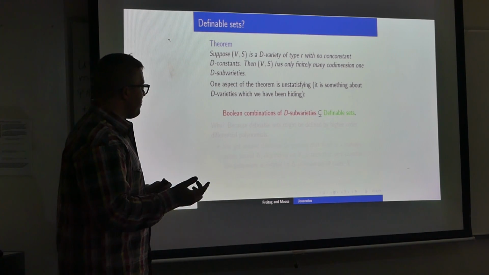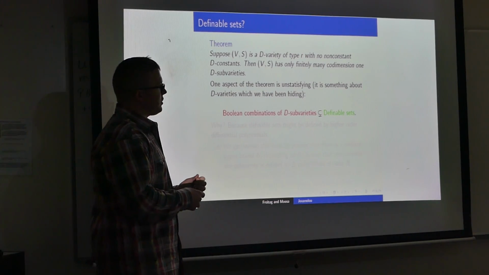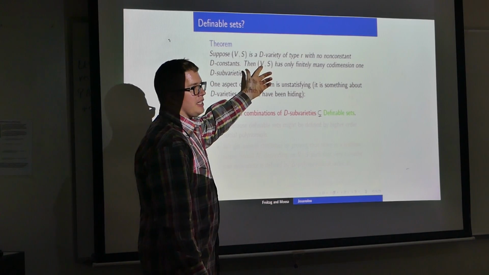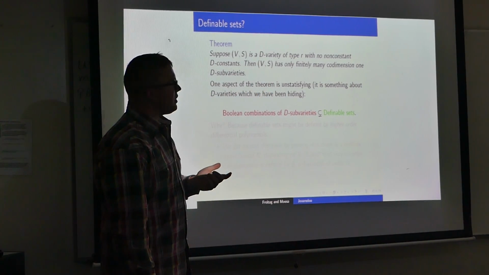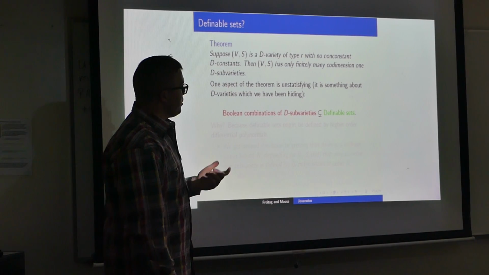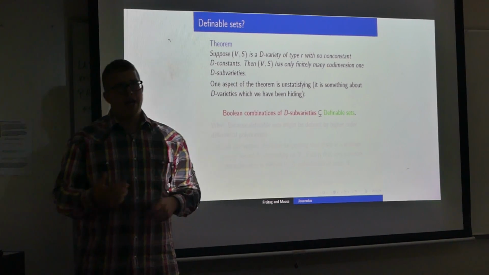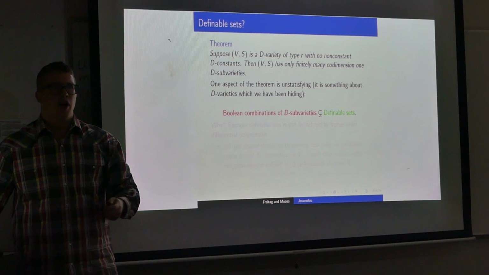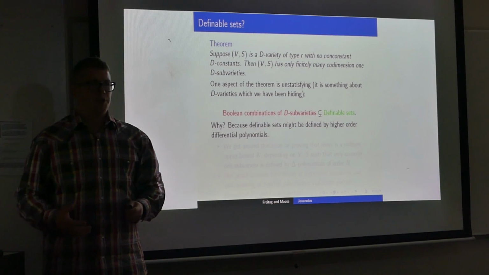Now, if that happens, there's really no hope of having a functorial correspondence between the subvarieties of V itself and the differential algebraic varieties, because the problem is that those differential algebraic subvarieties could be defined by higher order differential polynomials. So you'll have to prolong V in order to get some functorial correspondence.